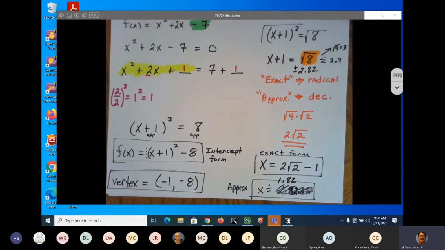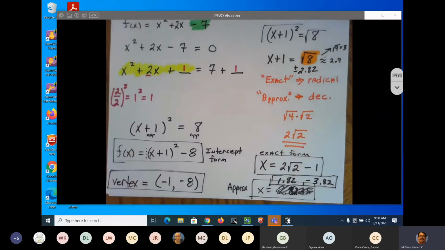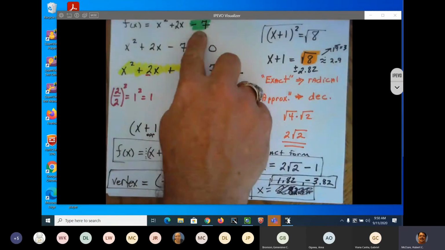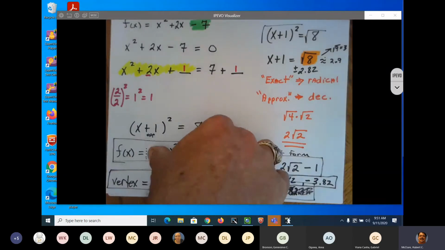So there's your 2 x-intercepts by decimals. Sorry about that, I forgot to do that. So you got your 2 x-intercepts, you got your vertex, you got your y-intercept, and you know a is equal to 1, so you know that it's a regular parabola, opening upward, concave up.